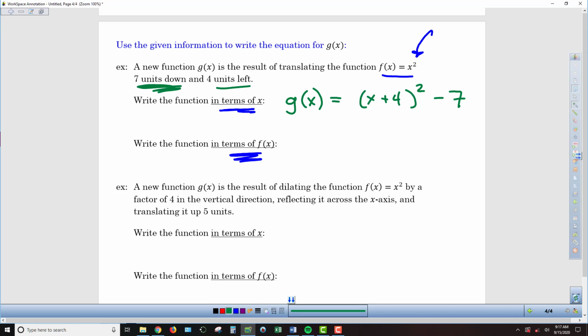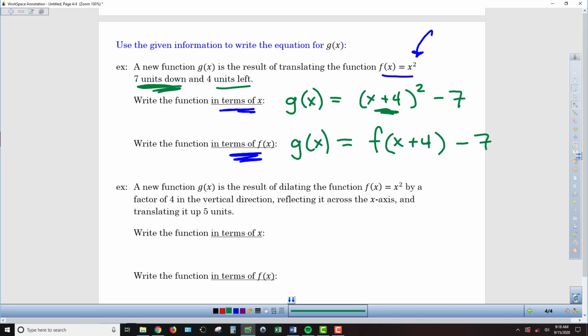So then we will also want to write this in terms of f of x. So I'm still going to have g of x here equals, and so now instead of having it be with the x squared here, I'm going to write it in this f of x format. So again, on the inside, just like I had here, I've got f of x plus 4, because that horizontal translation affects the input, and then minus 7 for that vertical translation downwards is separate from the f of x plus 4.